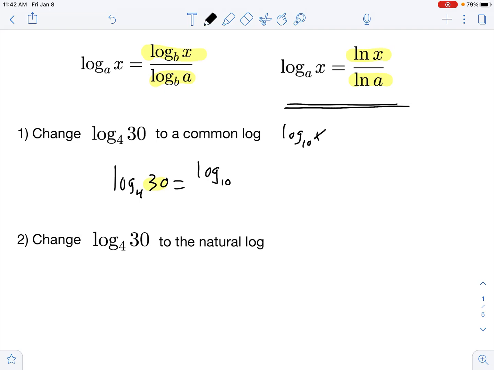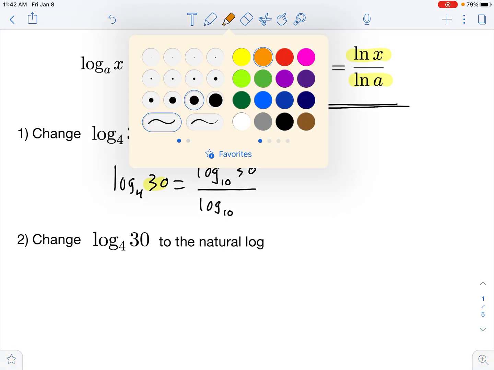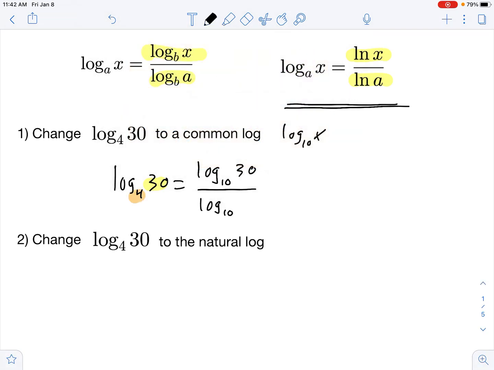Now remember, x is the 30, based on the formula, over log base 10 of a, which is 4. Now remember that a lot of times with log base 10, the common log, you're just not going to see it written. So to say the log of 30 over the log of 4 is probably how you're going to see it.